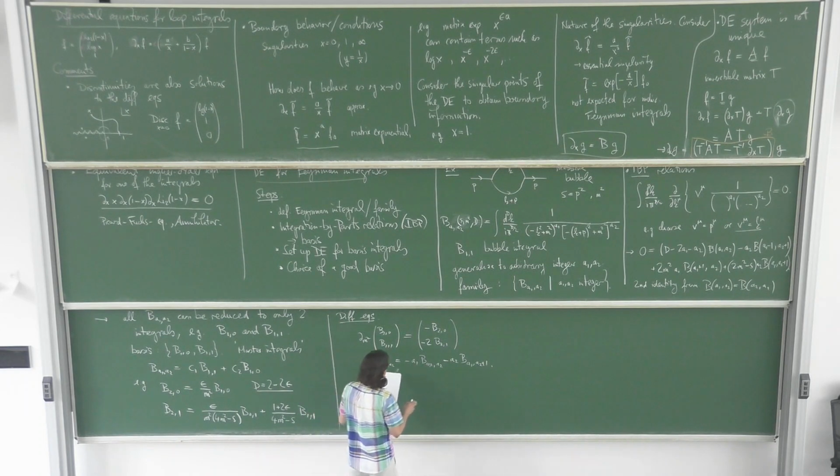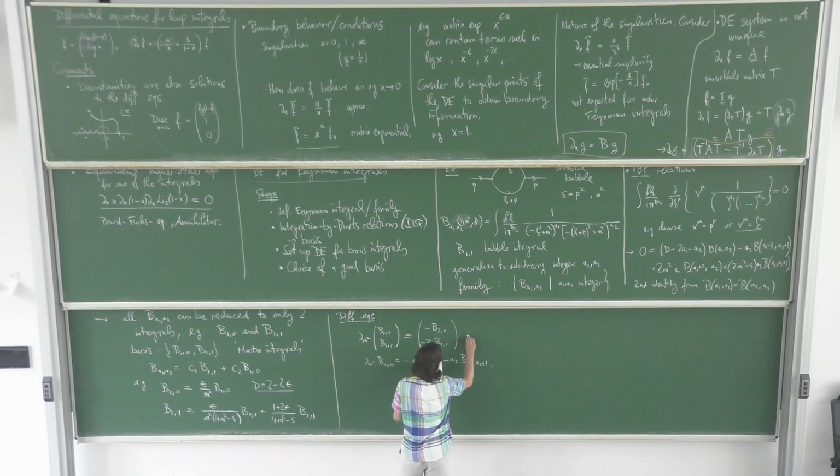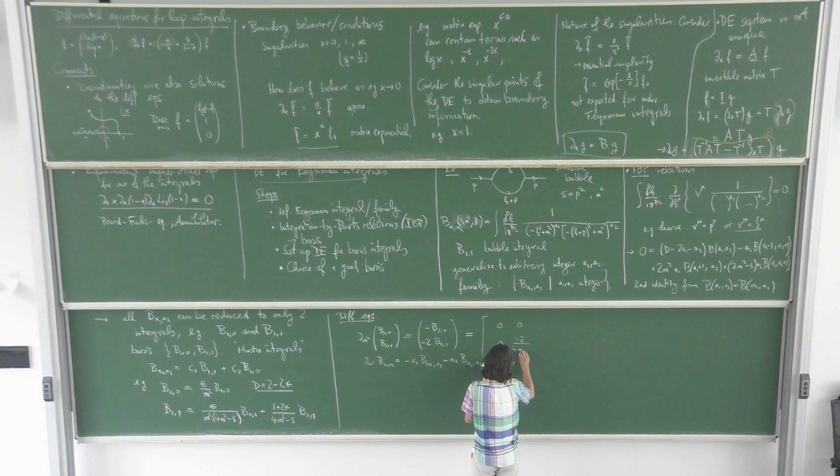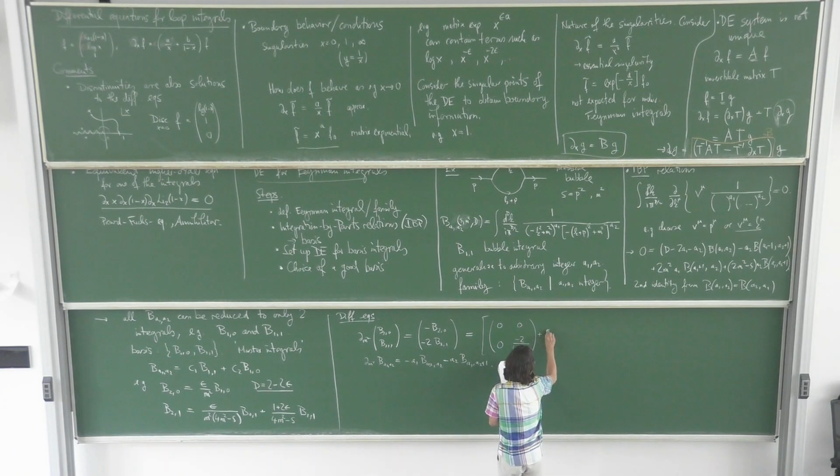So let me just write it over here. We plug it in, and we can organize it in the following way. We get a first matrix 0, 0, 0, minus 2 divided by 4m squared minus s. And then there's a term plus epsilon.